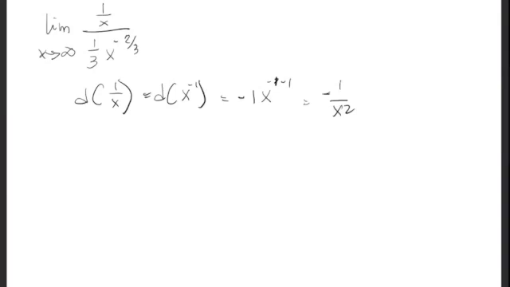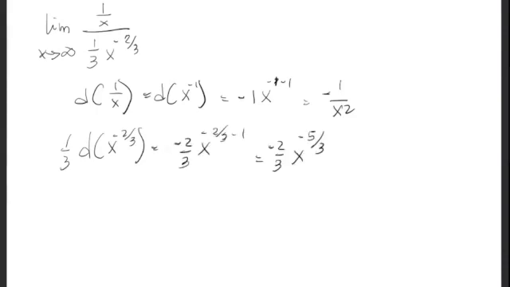Then the denominator: we have 1/3 times x to the negative 2/3, and the derivative of that is... you will see that whatever you do, it will still be 0 over 0.